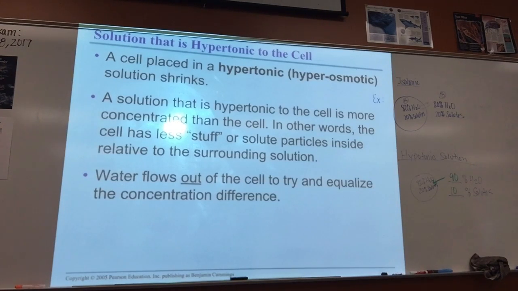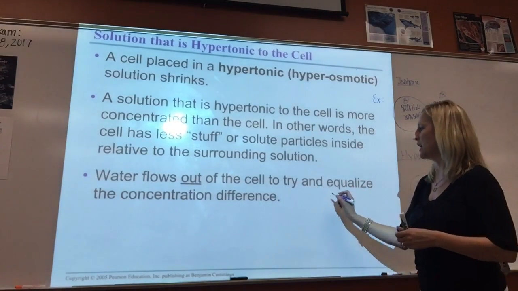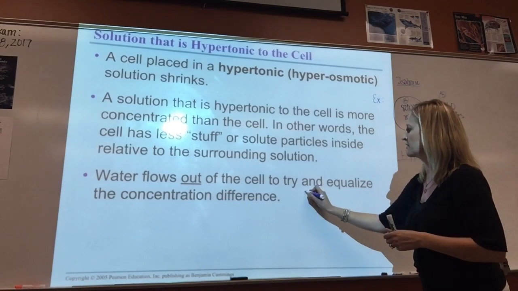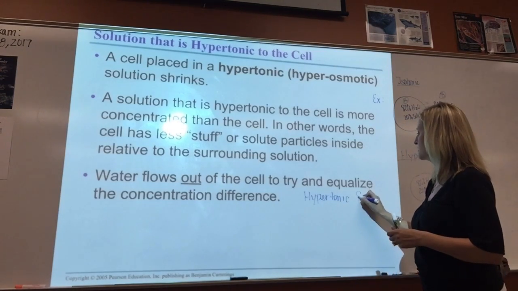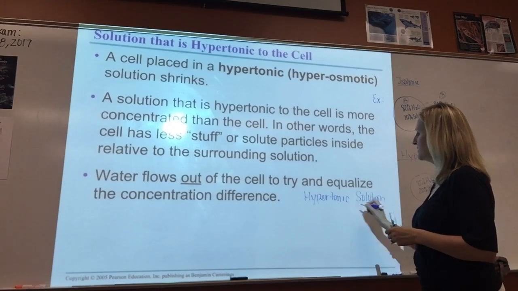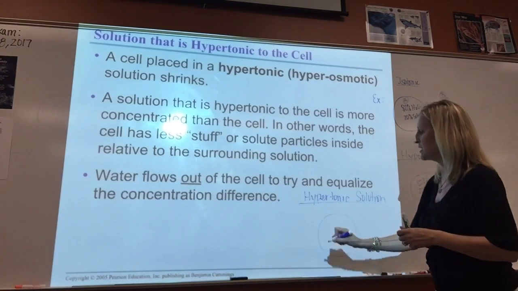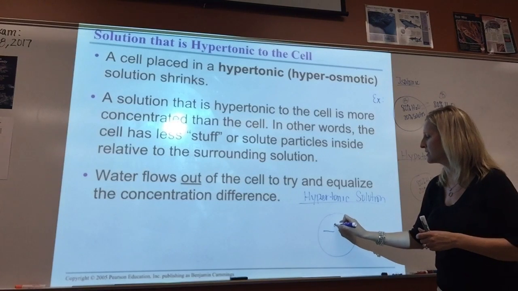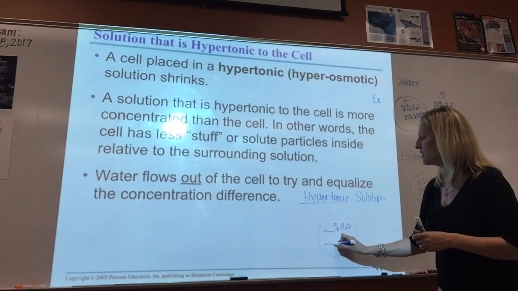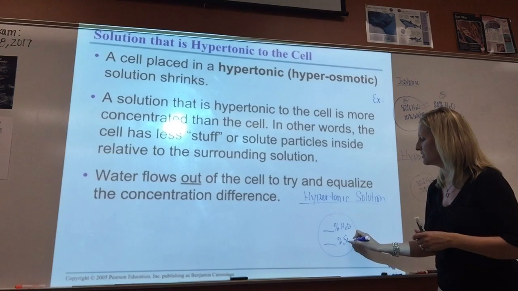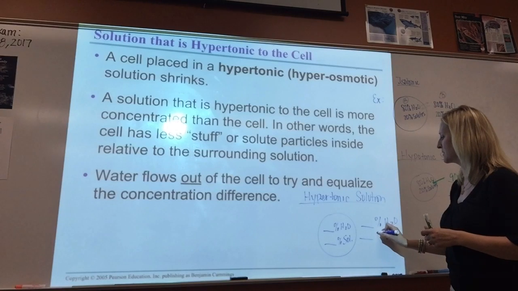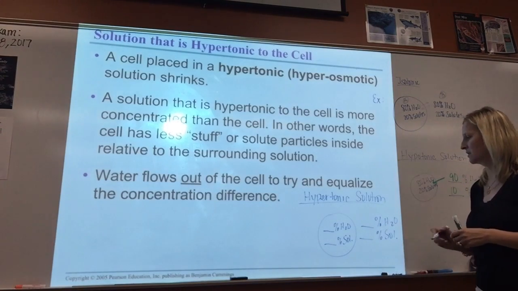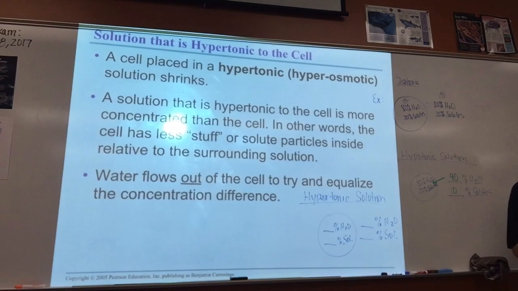So in this case, water is going to flow out of the cell and still try to equalize that concentration difference. For a hypertonic solution, go ahead and draw yourself a cell and put example percentages inside and outside of the cell to show example water and solute percentages that would cause the outside to be hypertonic.